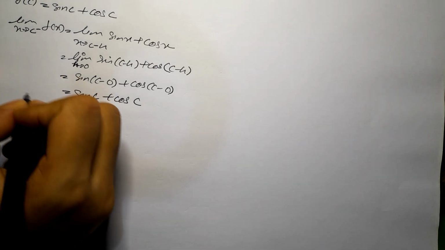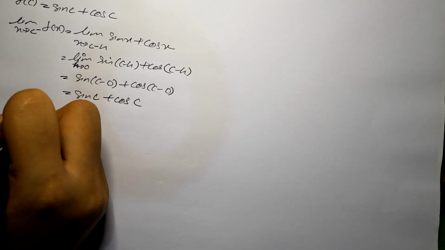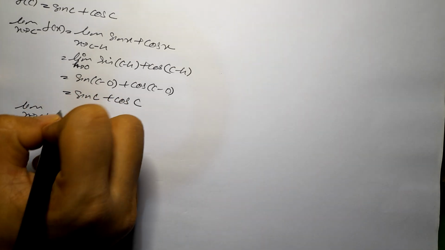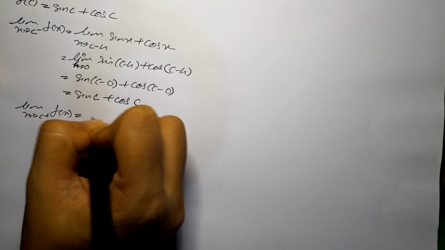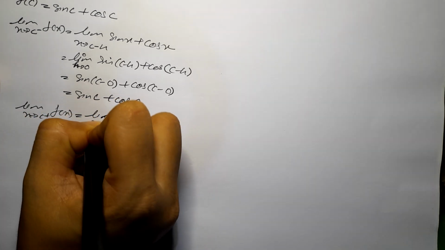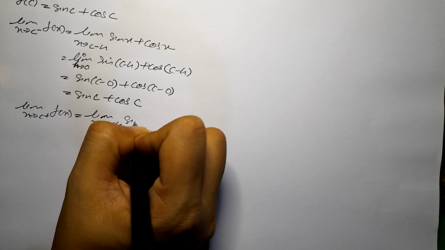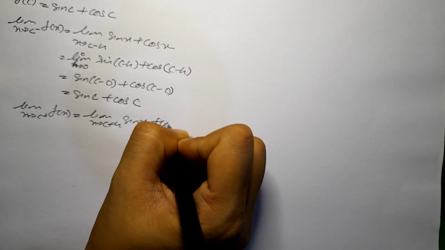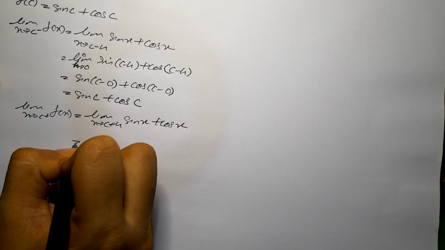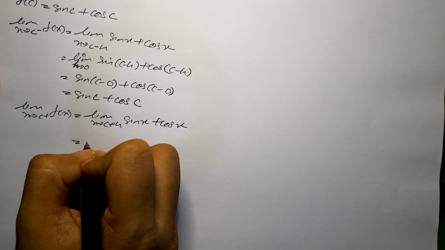Now for the right hand limit, x tends to c plus f of x is equal to limit x tends to c plus h. The function will remain the same, sin x plus cos x. So instead of x it will be c plus h.